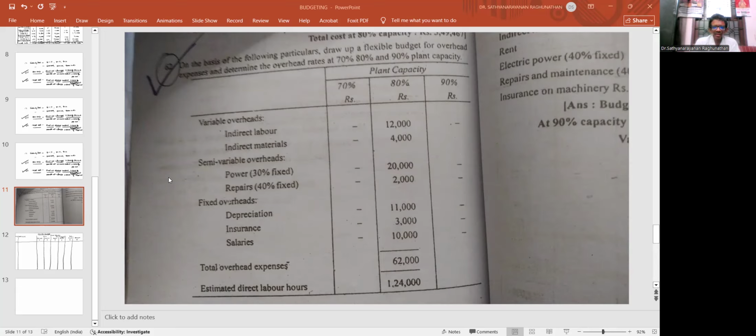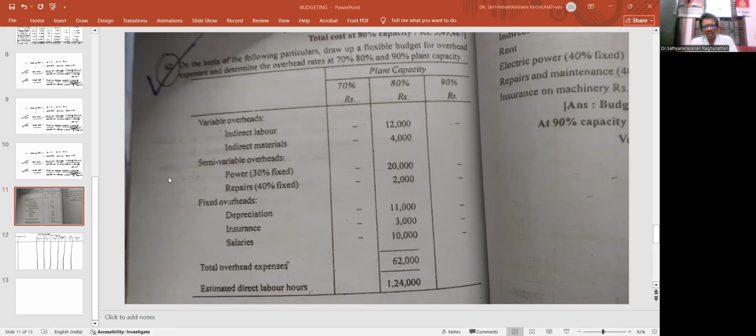The only thing is, as far as this particular problem is concerned, we have to fix the units for the remaining two levels. One level they have given in the question. For the remaining two levels, we have to fix the units. That is what is required. So you can strongly expect this problem in 15 marks or even 20 marks. It depends upon the nature of the examination.